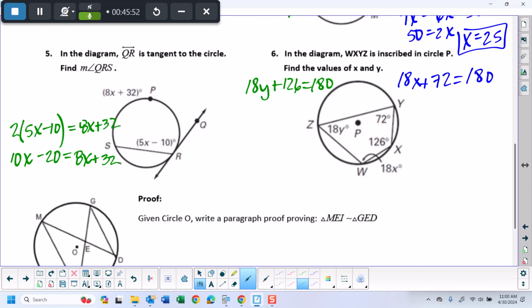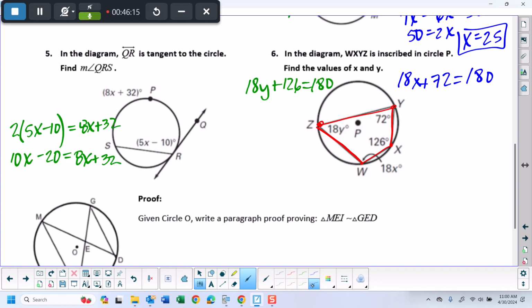Here when I have a quadrilateral that is inscribed inside of a circle, I know that my opposite angles are going to be supplementary. So 18y plus 126 is equal to 180, and 72 plus 18x is going to equal 180.